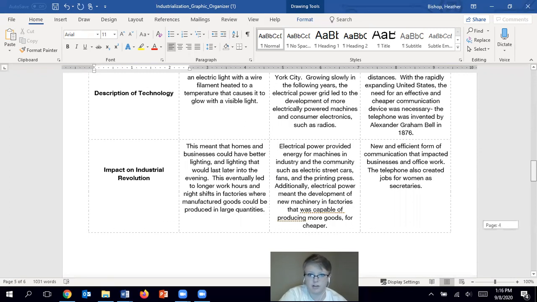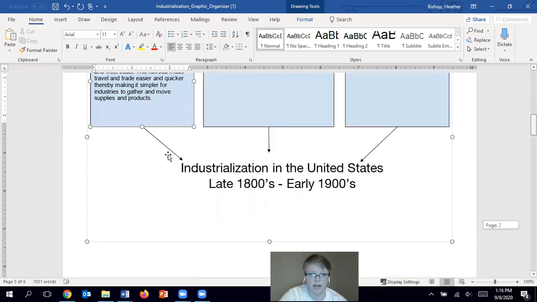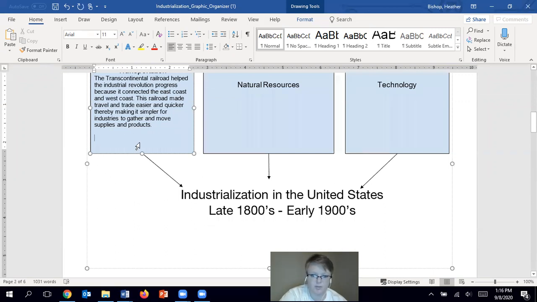And so we could make another claim about transportation, about the canal systems and how the canal systems progressed the Industrial Revolution because they made travel easier before the railroad systems came in. They were the highway system before we got railroads.